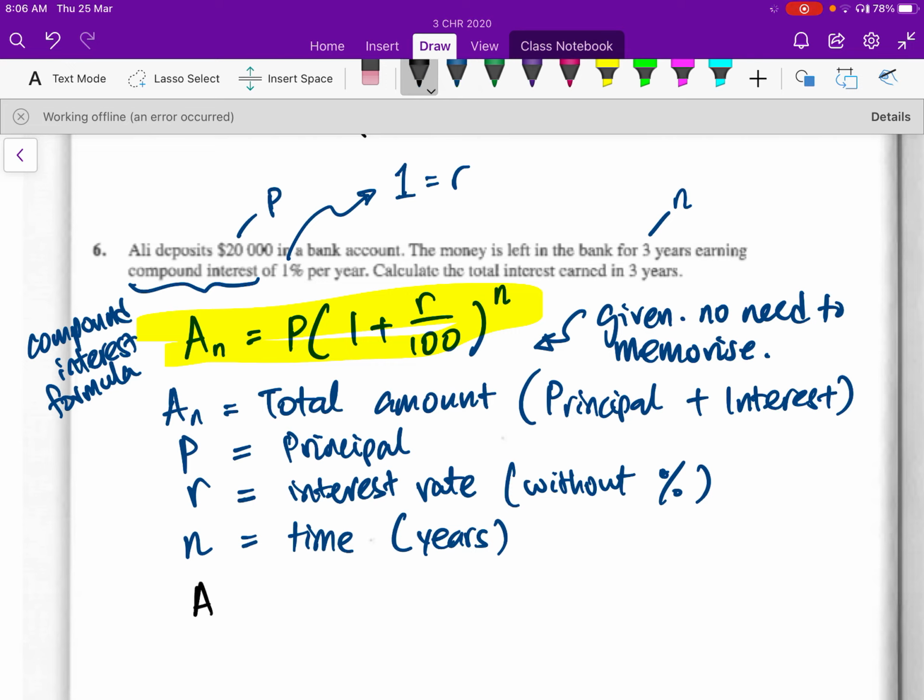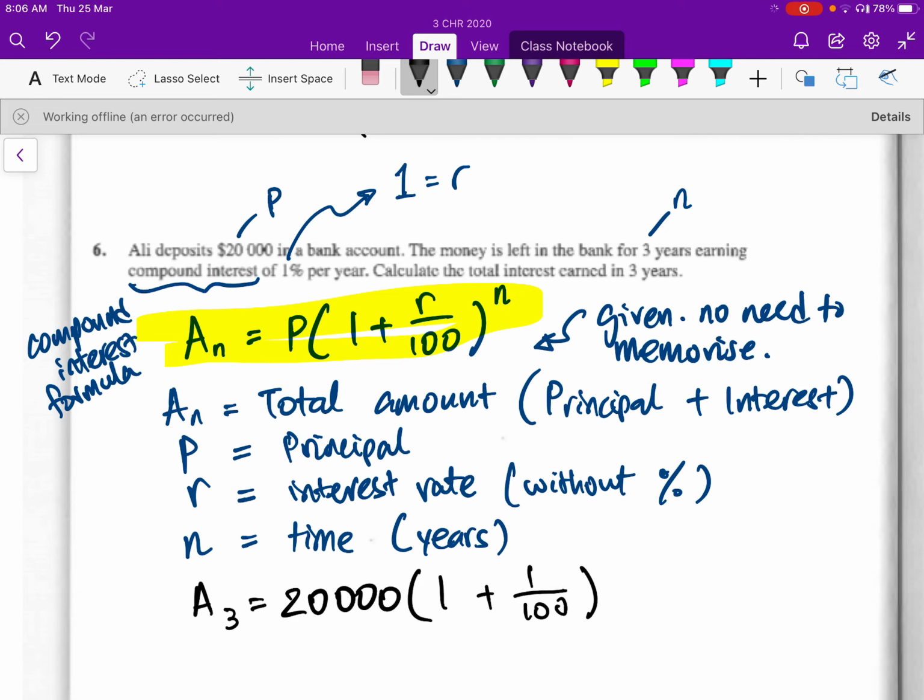N has the value of 3. So after 3 years, the total value will be P. The value of P is 20,000. Open bracket, copy down the 1, no change. Plus R. R has a value of 1, 1 over 100, no change.